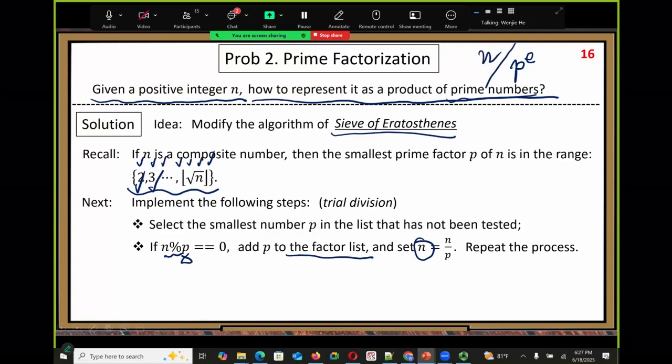You want to see the largest possible power of p that is a factor of n. So that's why you repeat this process until, when you do the modular operation, you do not get 0. Then you get out of this while loop. So this should be a while loop.